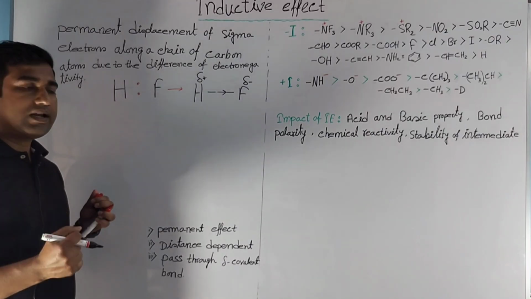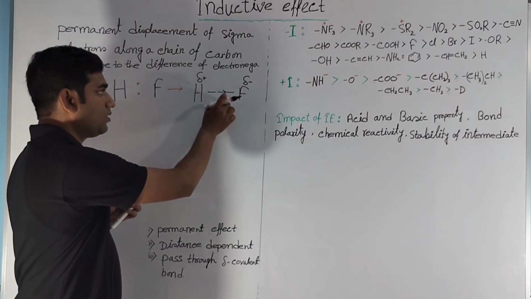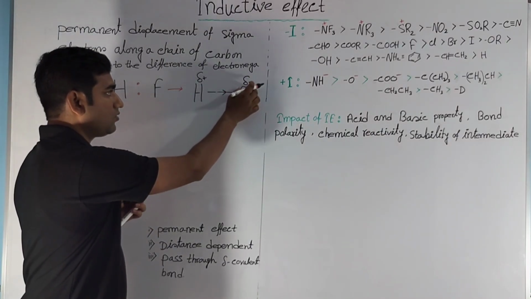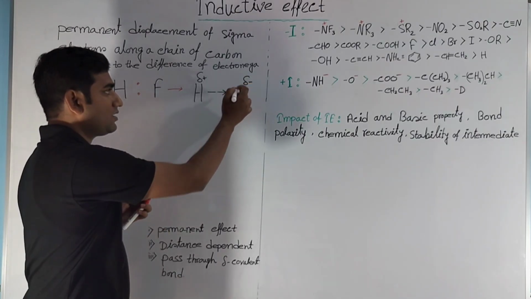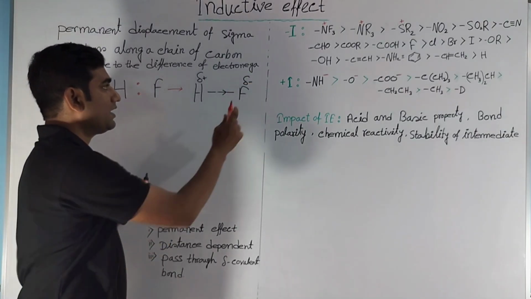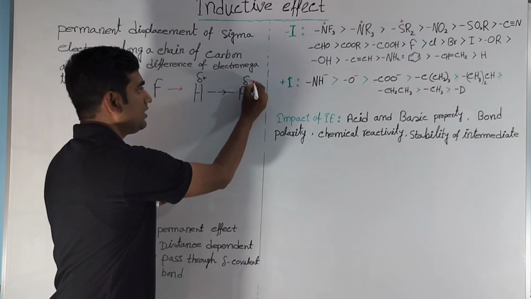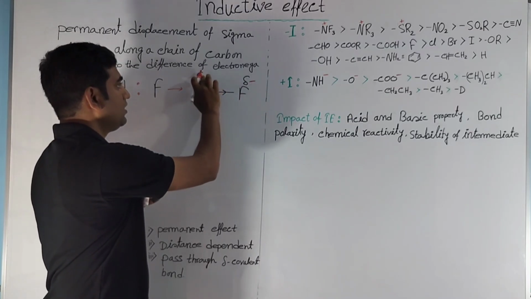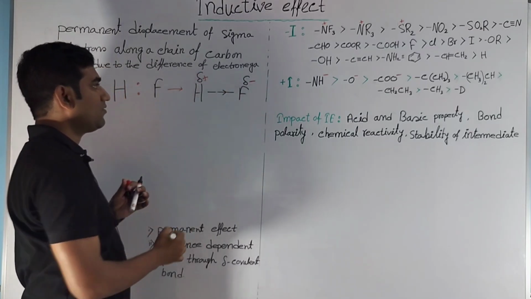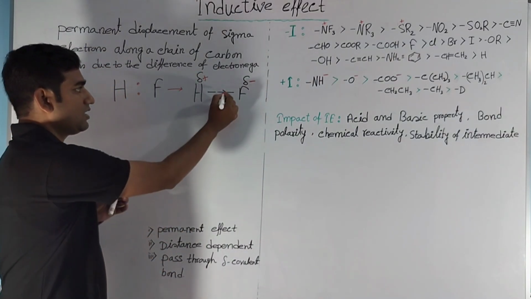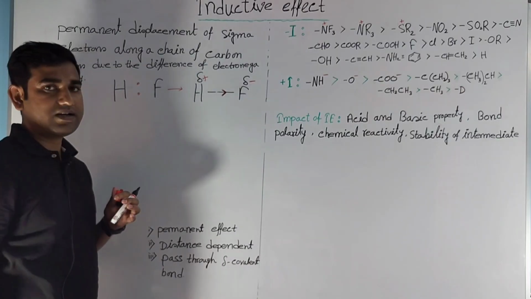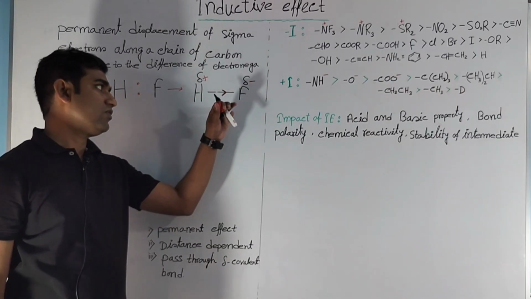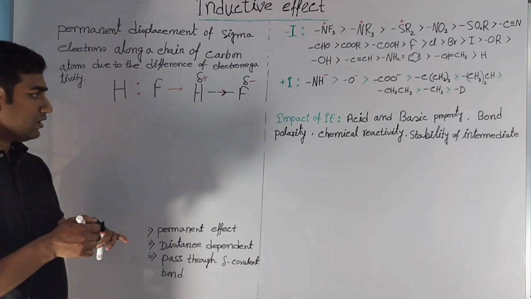The arrow sign indicates the direction towards the more electronegative atom.